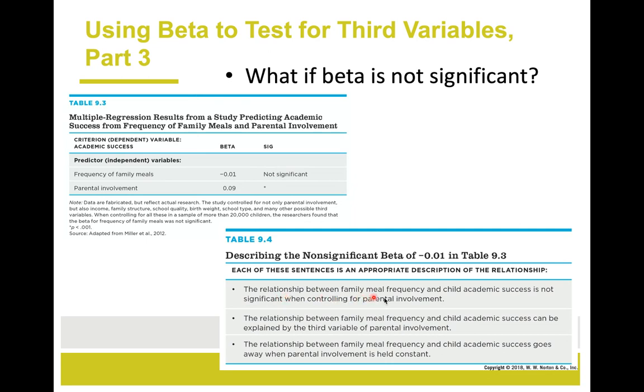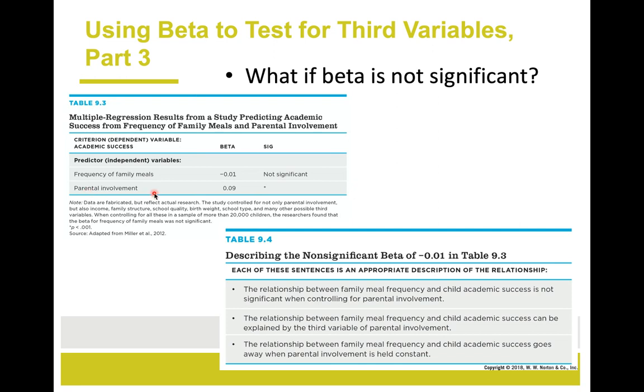The relationship between family meal frequency, that's our first predictor, and child academic success, that's our criterion, our dependent variable, is not significant when we control for parental involvement, meaning that parental involvement is what matters. Parental involvement is the significant predictor. How often you have meals as a family is no longer important if we include parental involvement.